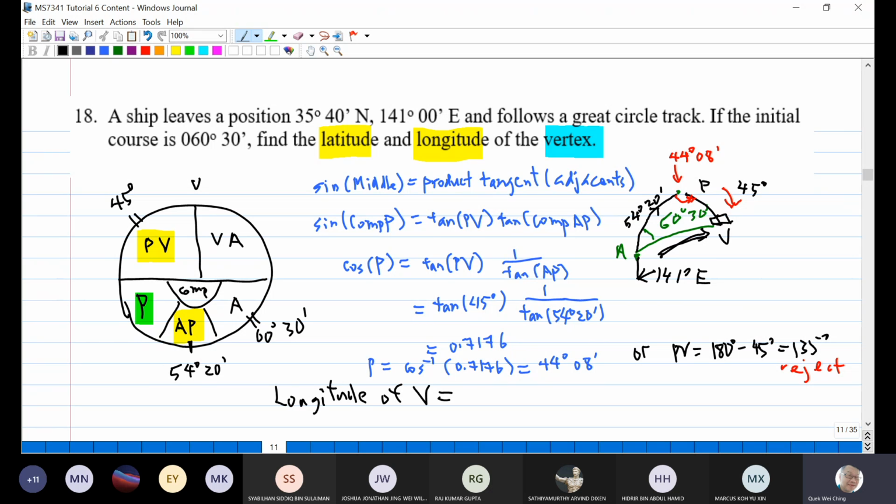is starting from A, which is 141 degrees east, and going to the east, so you add another 44 degrees, 8 minutes.